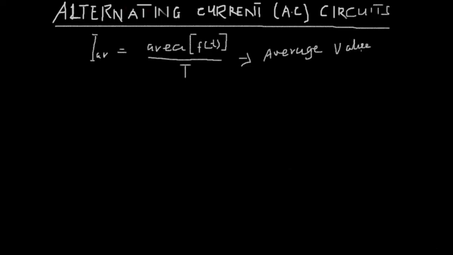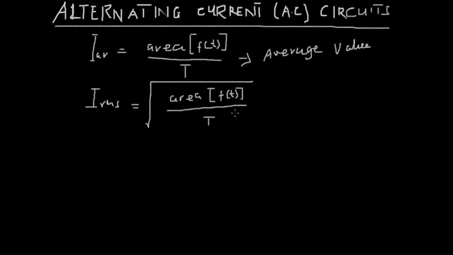We also have the root mean square value, which is represented by RMS. It has its own formula, similar to this one, but with a root sign. Then we have the area under the curve of f(t), divided by the period.